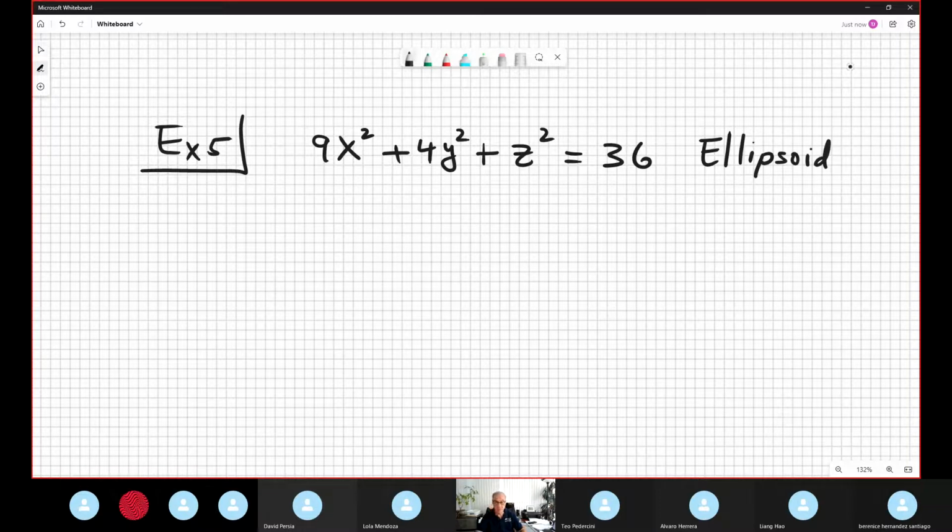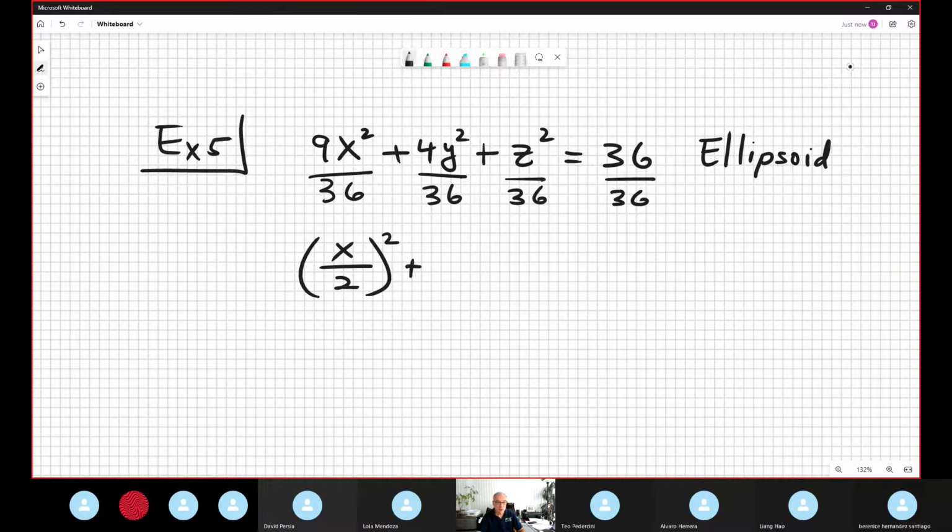An ellipsoid looks like a football ball. So suppose I want to express it in standard form. The right-hand side is 1, so you divide everything by 36. Then 36 divided by 9 is 4, and you can write it like that, x over 2 squared. Make sense, right?